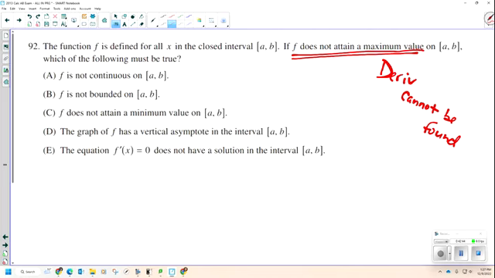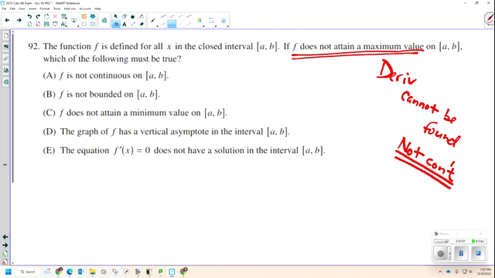If it's defined everywhere, that means the derivative can't be found, which means it's not continuous.